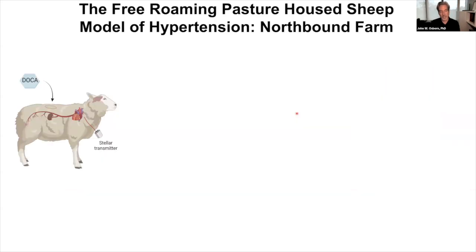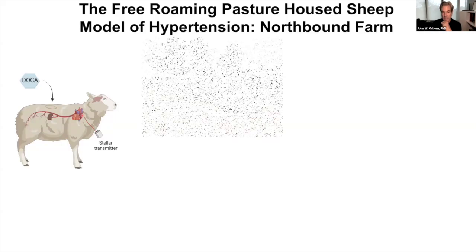So we wanted to see what it does to blood pressure. So we've developed this model in the sheep. The kidneys are intact. They get implanted with DOCA, and they get implanted with a transmitter that stores data in the transmitter and then downloads it to a receiver when they come nearby.